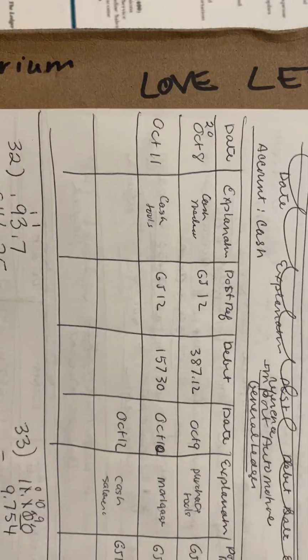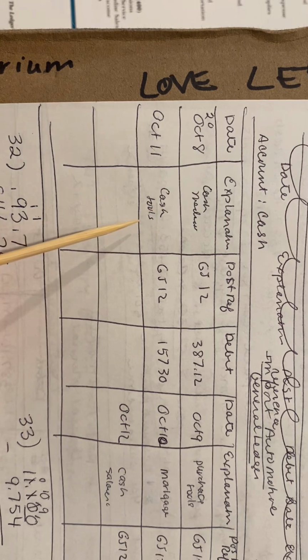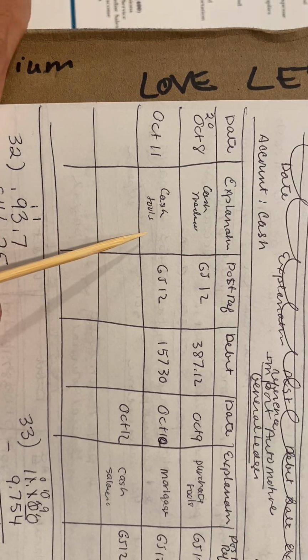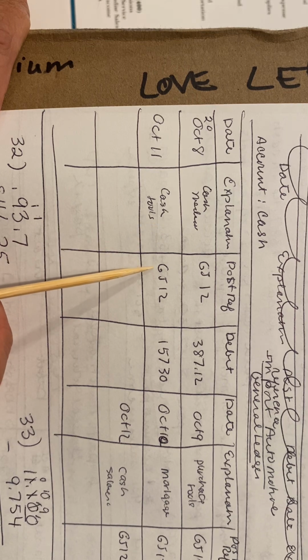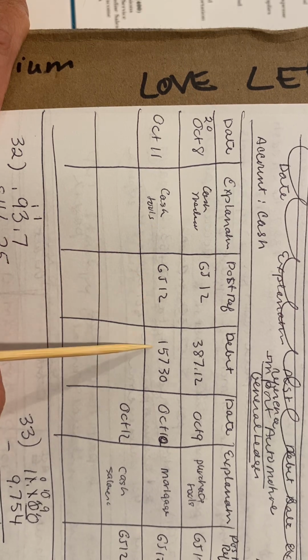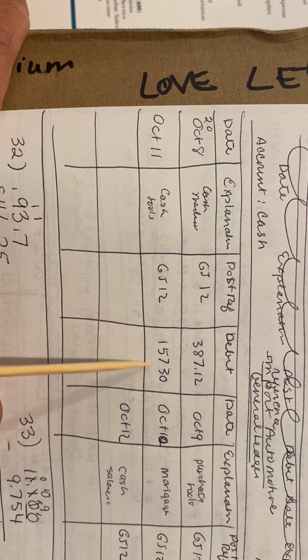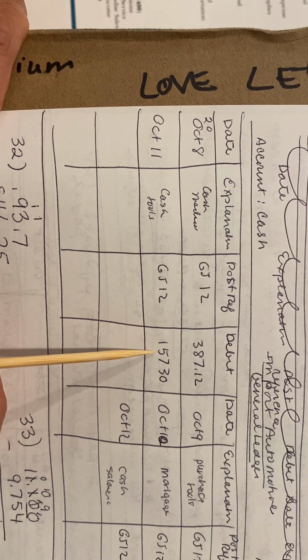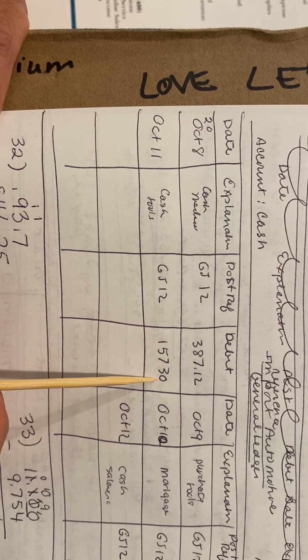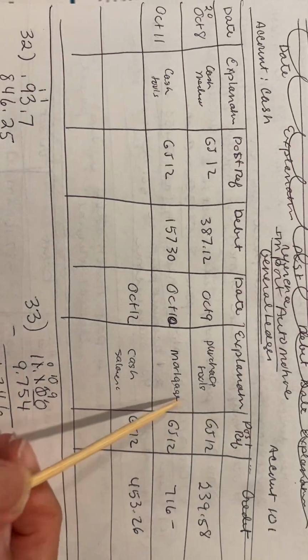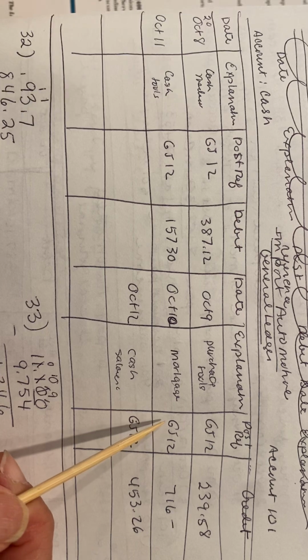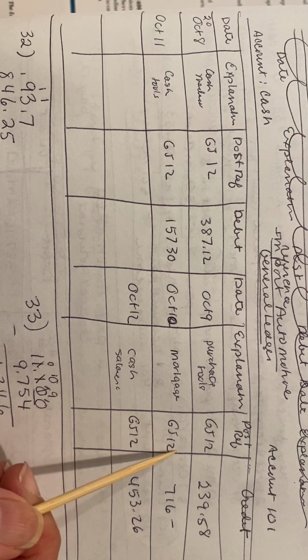Now on October 11th, your cash went up, so you put down GJ12 on the cash and you had $157.30 that went up. So if it's an asset and it goes up, it's going to be a debit. On October 10th, make sure each one of them you put General Journal 12 right here for the account.